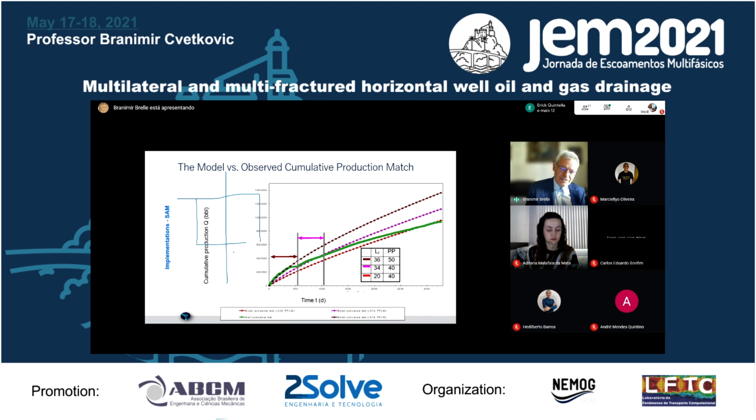So it has, let's say, 36, 34, and 20. So I can see here that I do match this fracture length. Then from here until here, I do match this.